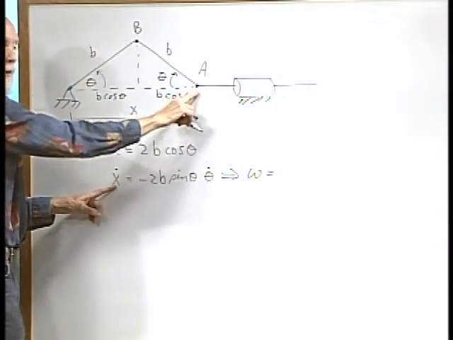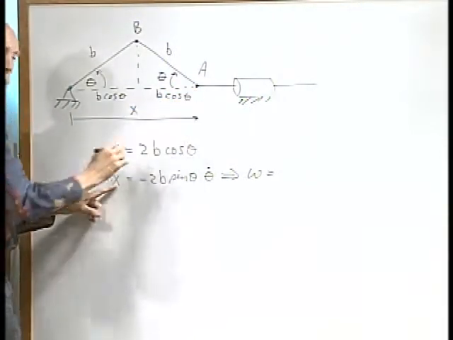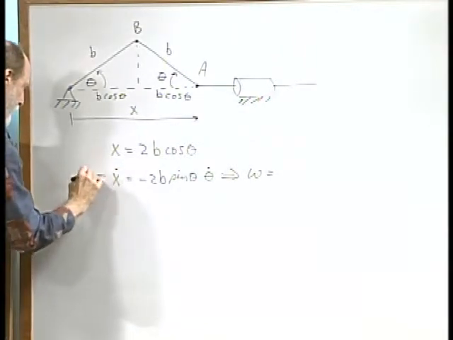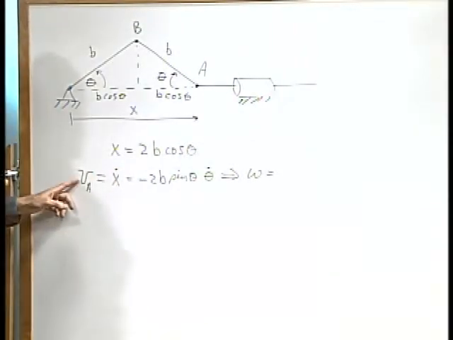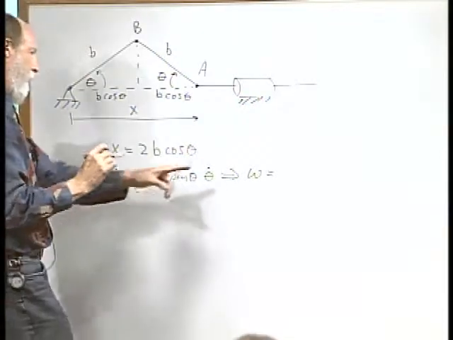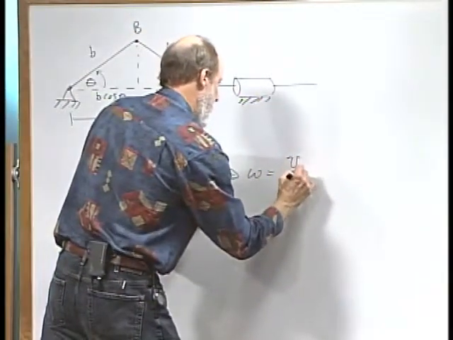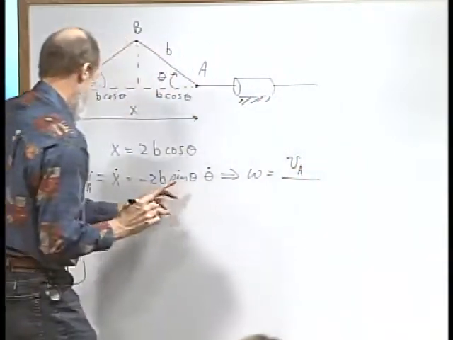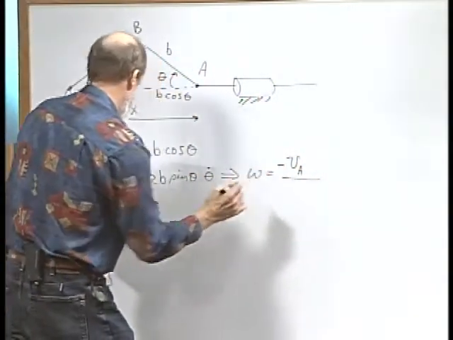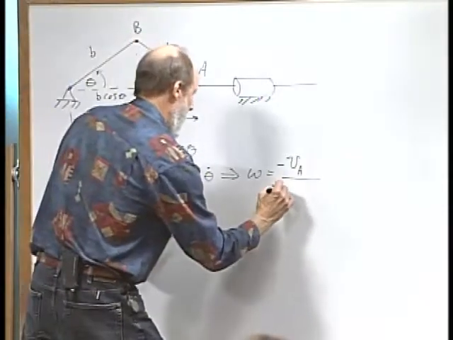Isn't this the velocity of point A, x dot? So this is the speed of point A, and this implies that omega is equal to the speed of point A divided by, with a negative on this, 2b sine theta.